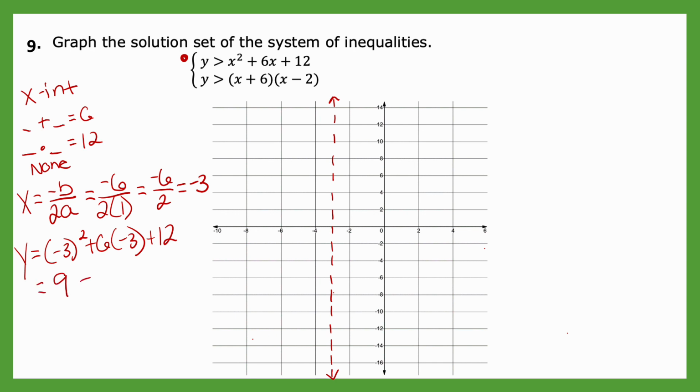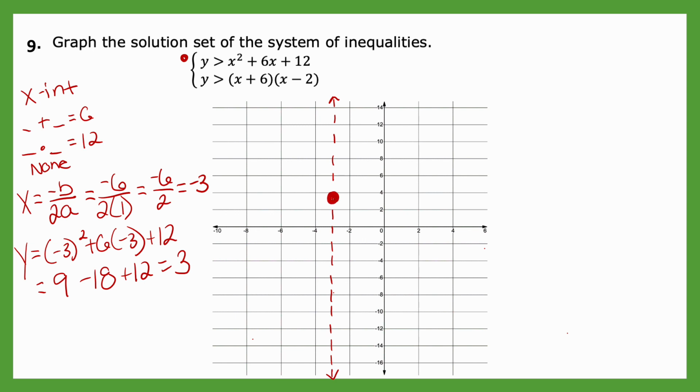So that's 9 minus 18 plus 12, which is equal to 3. Okay, so when you can't factor a quadratic, that's okay. It's usually faster. I think we're strongest with our factoring skills. Just realize I would not waste your time doing the quadratic formula or completing the square necessarily. I would jump to this quick little formula here. So we're going to plot a point at positive 3.